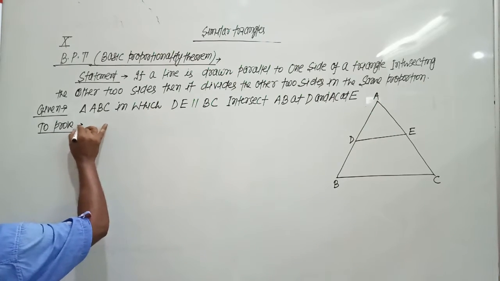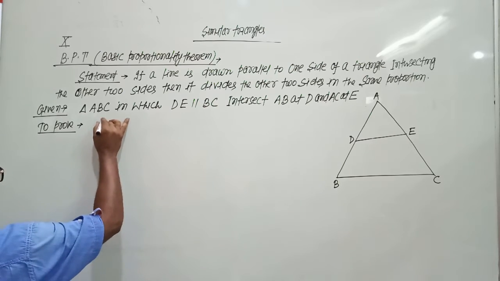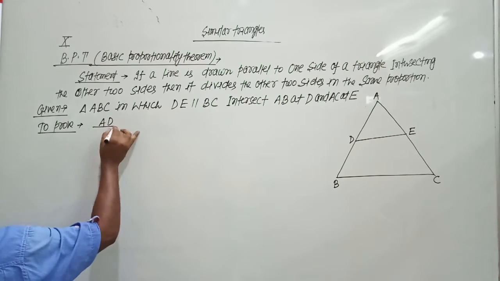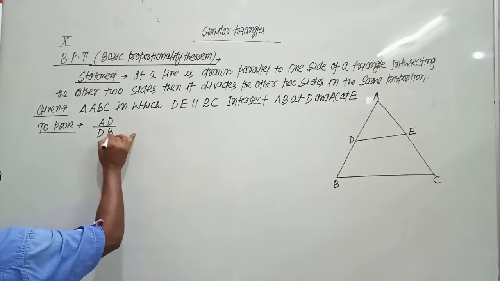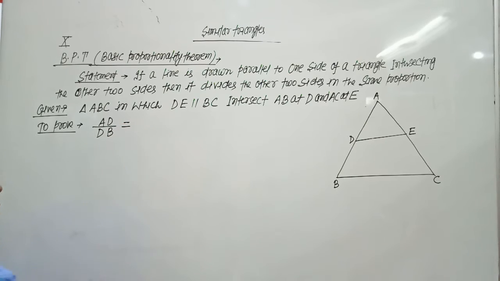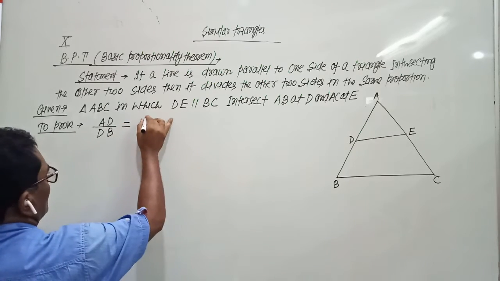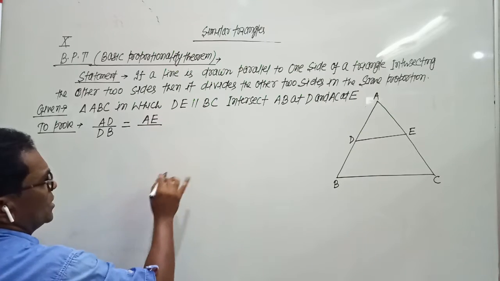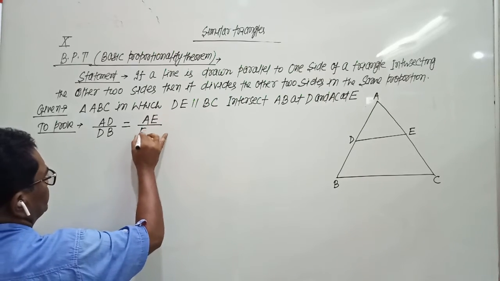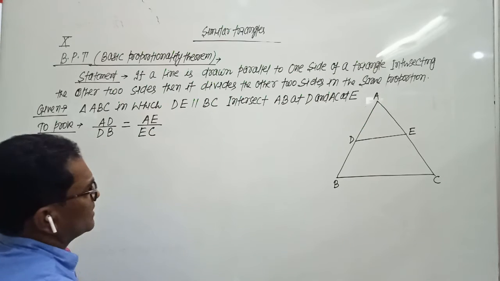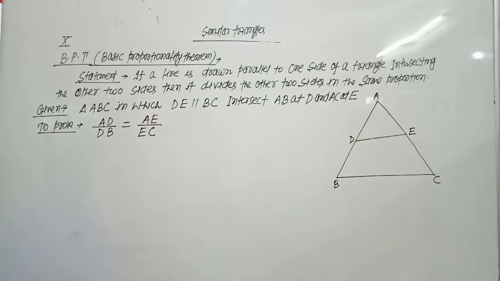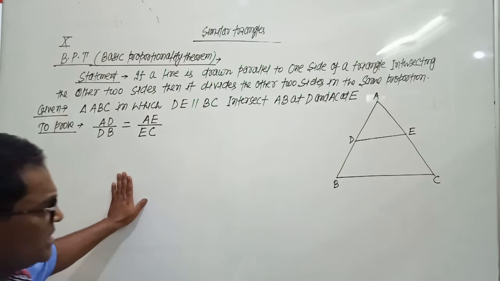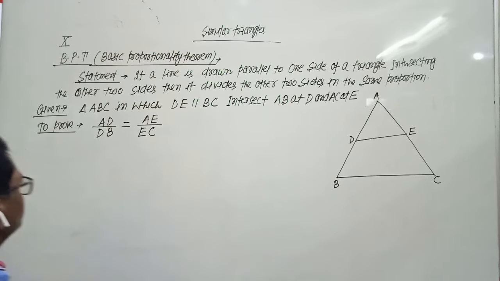Means to prove AD upon DB equals AE upon EC.